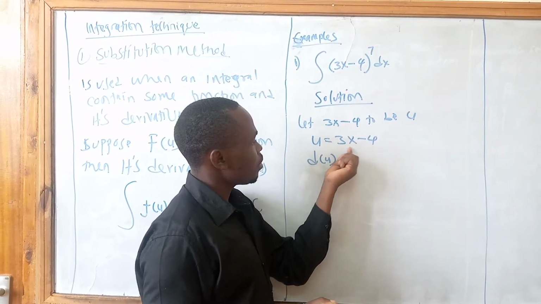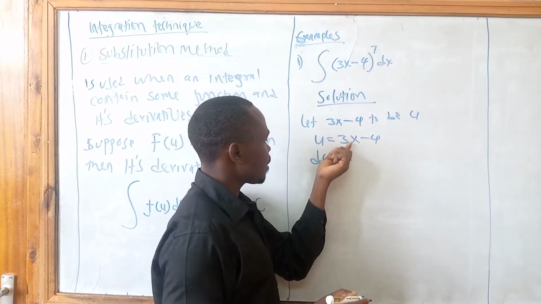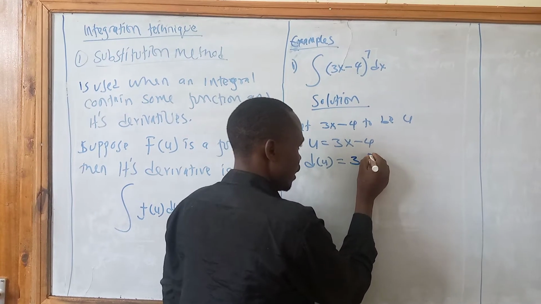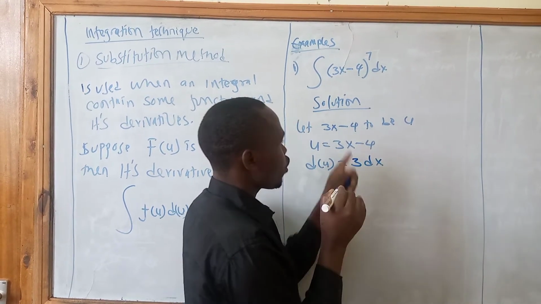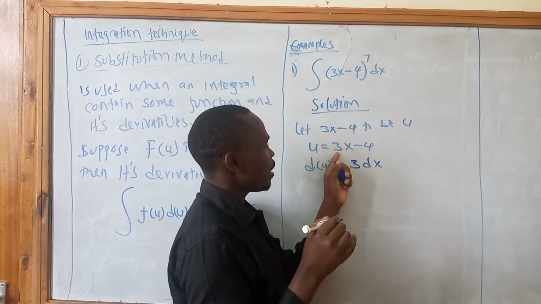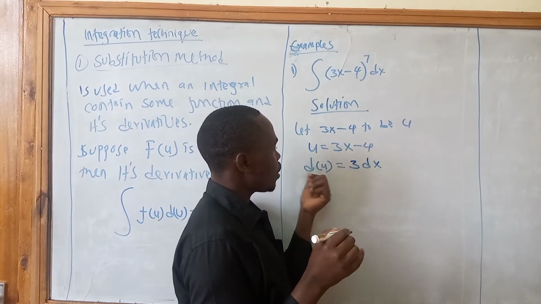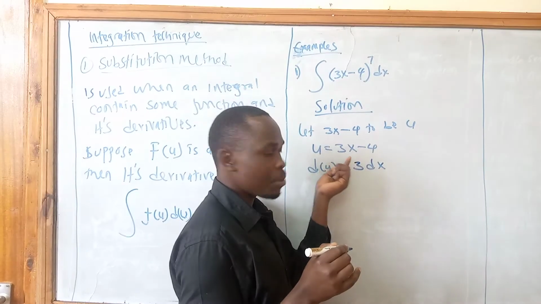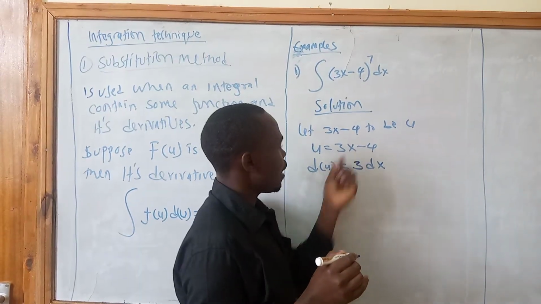Then I'm going to find the derivative of this. I differentiate this, it will be 3dx, because the power is 1, so 1 multiplied by 3, I remain with 3. This dx is because I'm differentiating with respect to x.